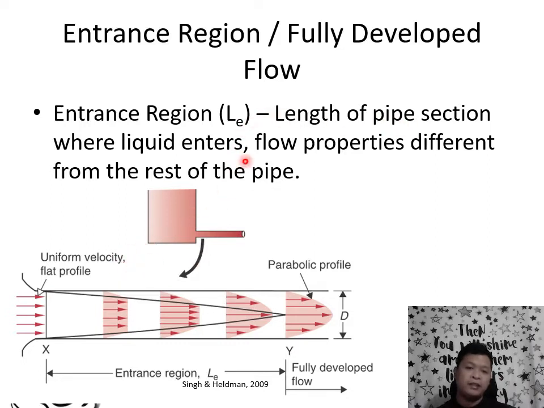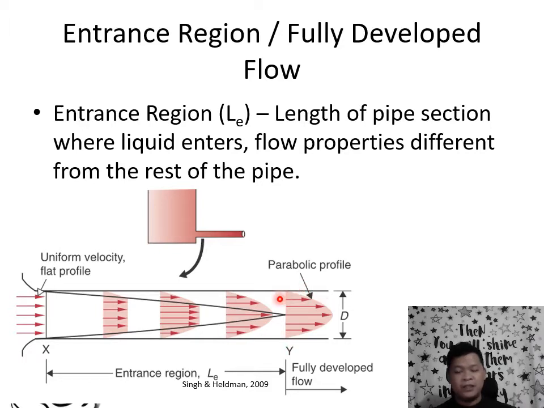So it's the length of the pipe where papasok siya with the whatever profile it had from the tank or the uniform flat velocity profile until it gets that fully developed flow na ito na yung itsura ng fluid mo. No, kasi sabihin natin, if you remember correctly, the fluid flow in the pipe is actually pinakamabilis yun sa gitna and halos zero yung nakadikit sa pipe walls, no?